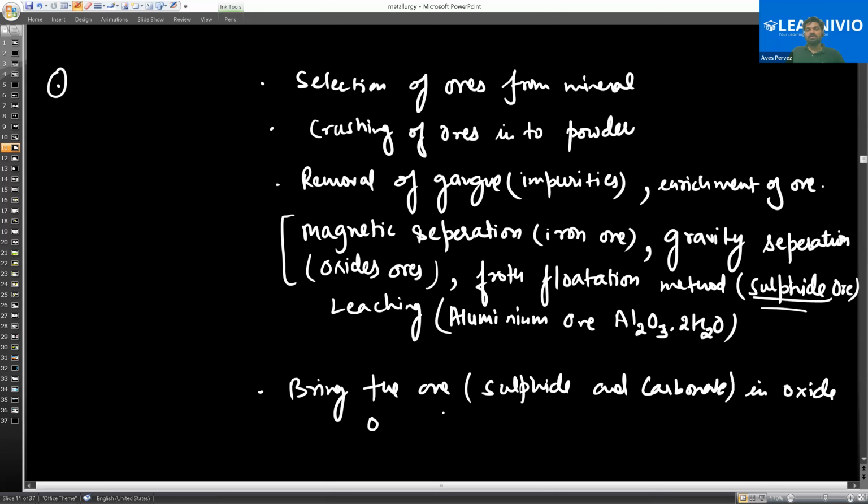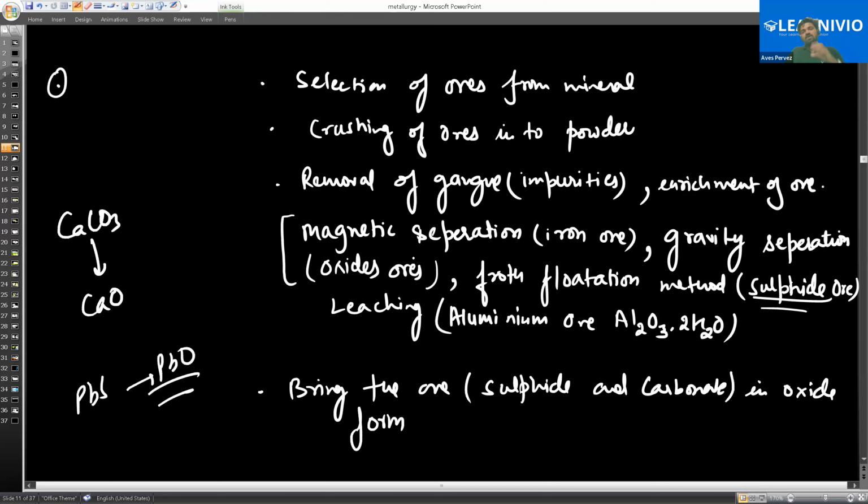If we have calcium carbonate, we convert it into calcium oxide first. If we have PbS, we convert it into PbO first before removing the metals. Why are they converted? Because it is easier to extract the metal in their oxide form rather than their carbonate and sulfide form. Understood?